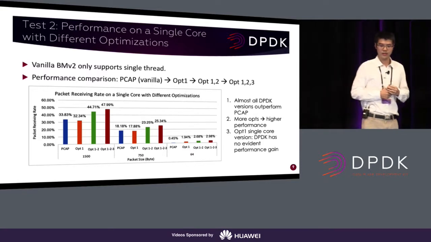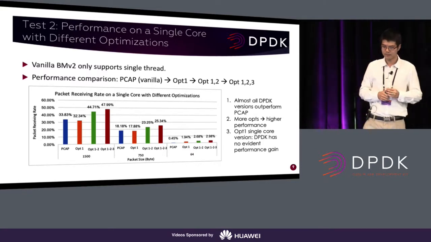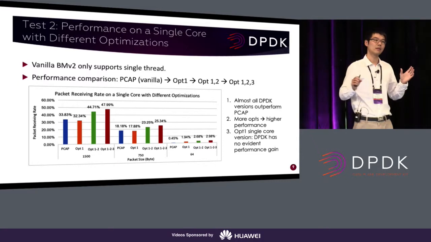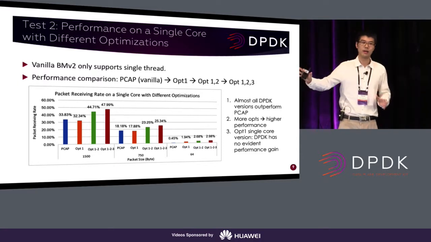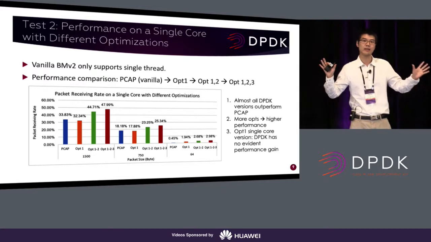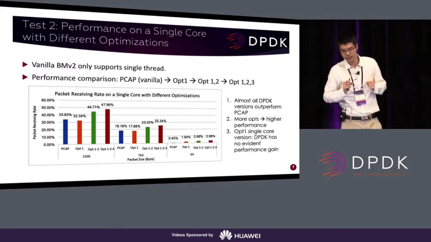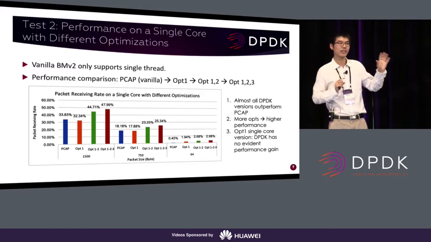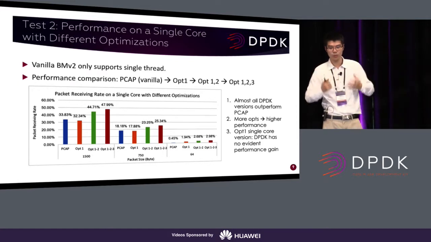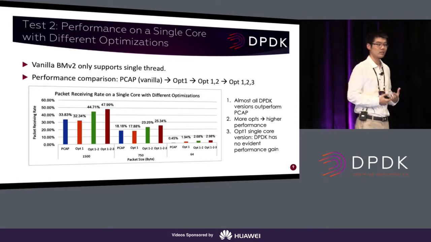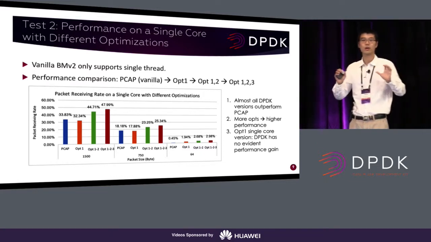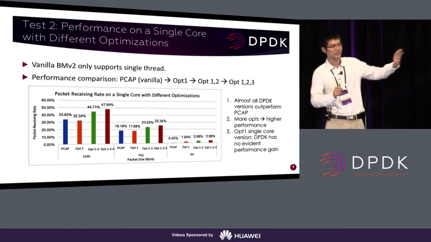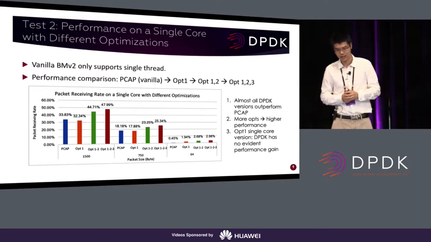Now let's look at the performance comparison between the vanilla BMV2 versus the optimized version, BMAC. Because vanilla BMV2 can only support a single thread, all the tests in this diagram are on a single core. That's why it's kind of poor in performance.